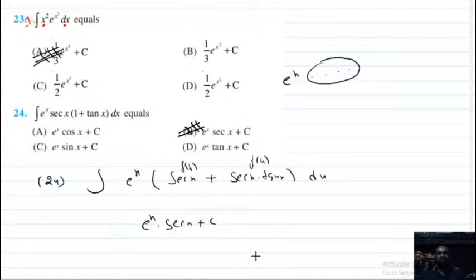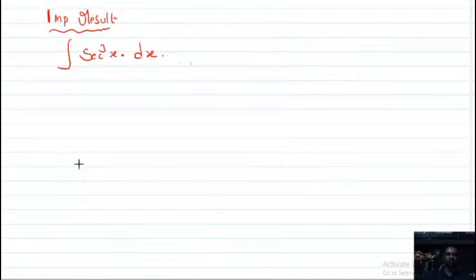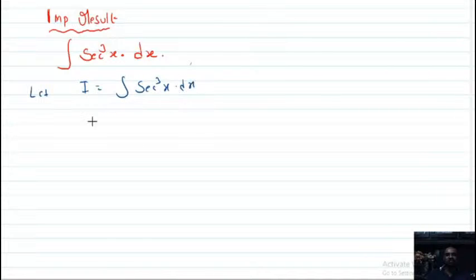Okay students, in this way you can complete some problems for the concept of integration by parts. Now students, this is an important result. First of all, let I be equal to the integral of secant cube x dx. This I can be written as the integral of secant x into secant square x dx, because the integration of secant square x is tan x, so I take this as the second function and secant x as the first function.